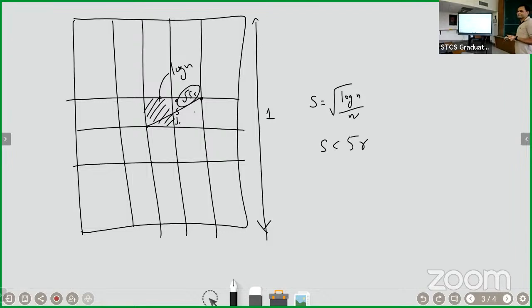Log n of them, because I only assign constant colors. So the number of nodes with the same color is log n. Nothing is reduced. So what can you say about the connectivity between any two nodes here? They're so close to each other and there are log n of them. What do you expect to happen?